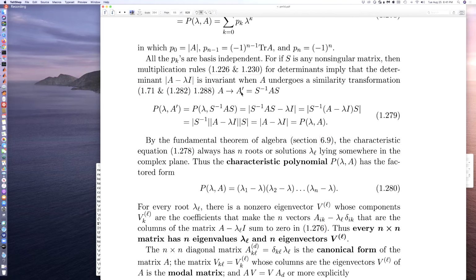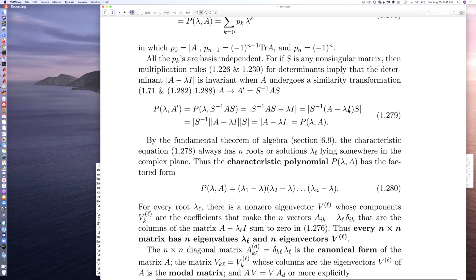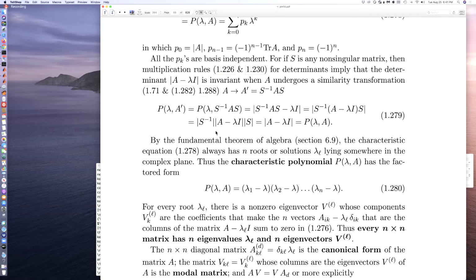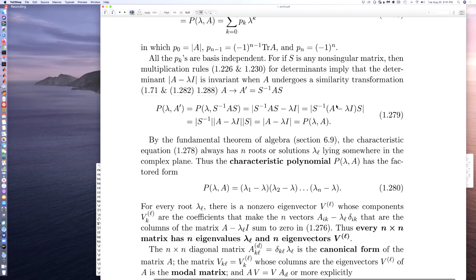So if you replace A by A prime equal to S inverse A S, then the characteristic polynomial of lambda and A prime looks like this. You replace it this way, then you can put the S's on either side of the identity. You then factor the product, and you have the product of the determinants. This one cancels that one. You're back to this. So it's invariant.